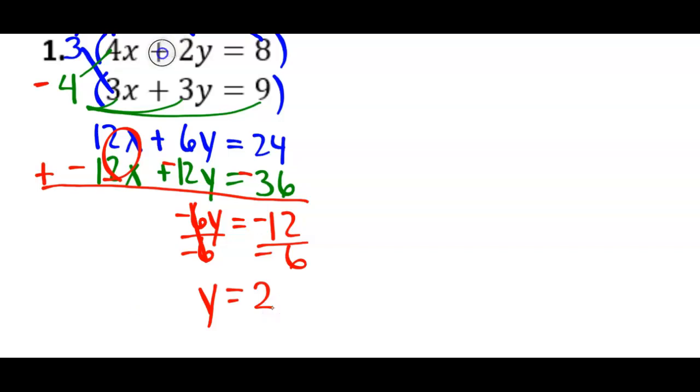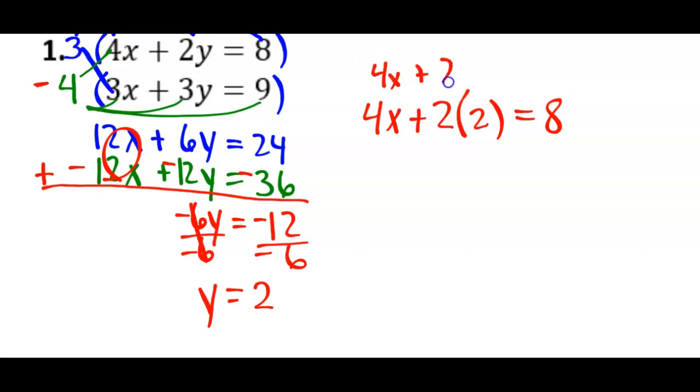And then what do I do? I go back into my original equations. They're easier, so use those original equations instead of these ones that we multiplied. So I'm just going to take the top one, 4x plus 2, my y is 2, equals 8. Might be a good idea to write that down above it.